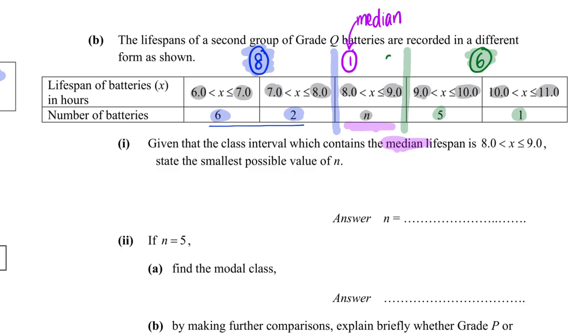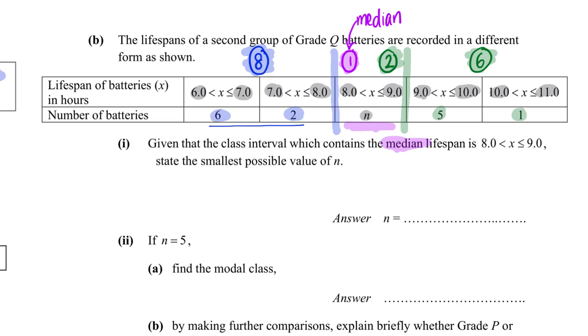So if I have 2 more batteries such that 6 plus 2 is 8, I will have 8 batteries on my left side and 8 batteries on my right side, and I have my median conveniently parked in that middle class, which is x is between 8 and less than or equals to 9.